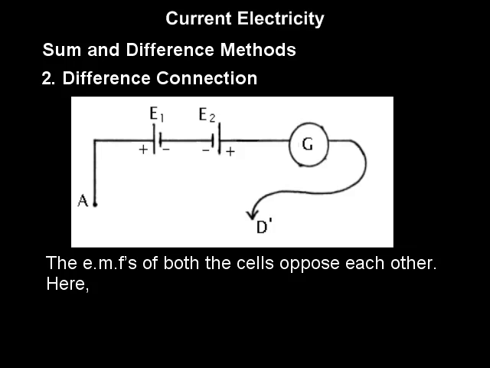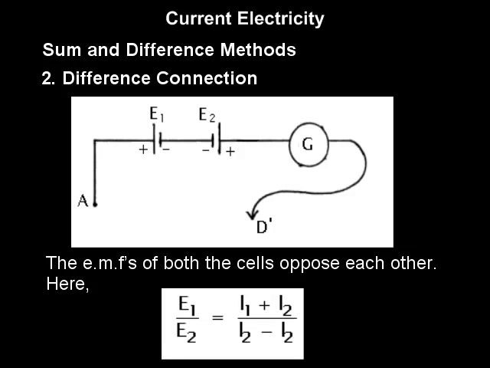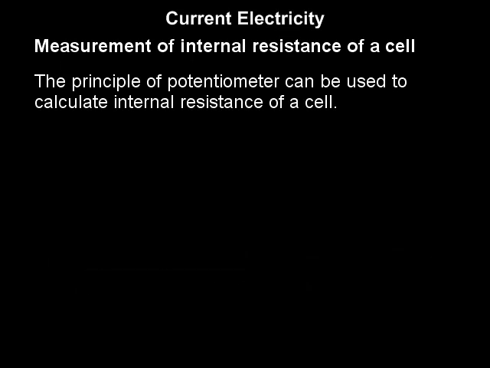Length AD dash is measured as L2. From L1 and L2, the EMFs are compared with the formula E1 upon E2 is equal to L1 plus L2 upon L1 minus L2.